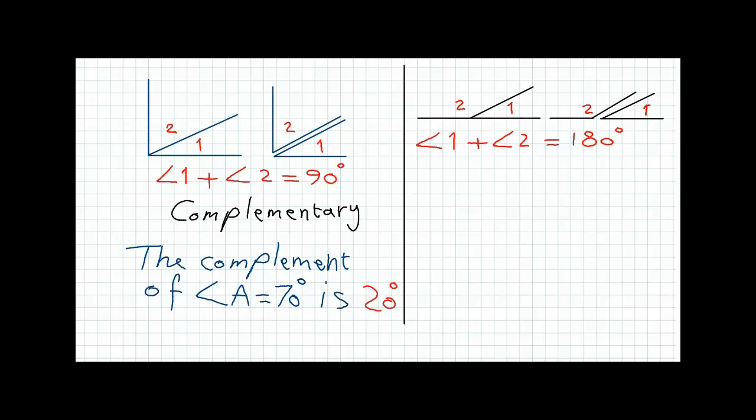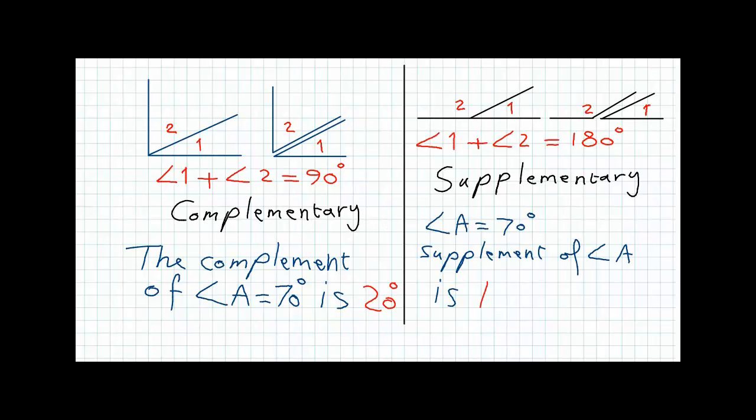But if we have two angles whose sum is equal to 180 degrees, these angles are called supplementary angles. So if it is given to you that angle A is equal to 70 degrees, then the supplement of angle A is 110 degrees, so their sum must be equal to 180 degrees.